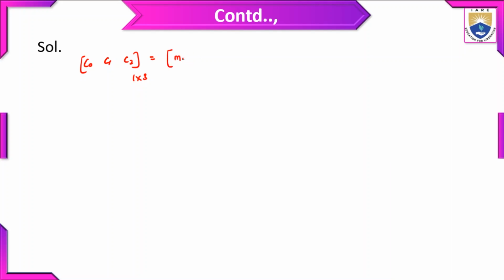This equals M0, M1, M2, M3 multiplied with P, which is 111, 110, 101, 011. So what is the size? It is 4 by 3. The message is 1 by 4, so we get 1 by 3.